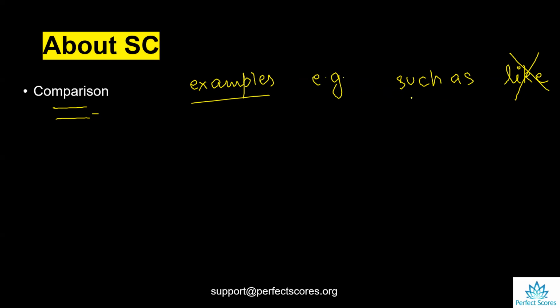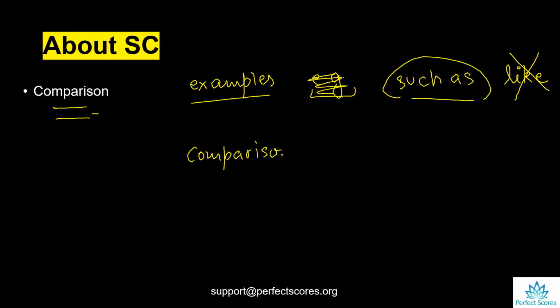For examples, you have to use such as. This abbreviation over here, e.g., is not really used in GMAT, so you can leave this out as well. So basically the rule is that for examples, use such as. If you're comparing two things, then you can use "like" if you're trying to show similarity.